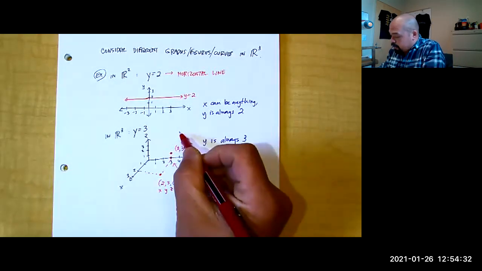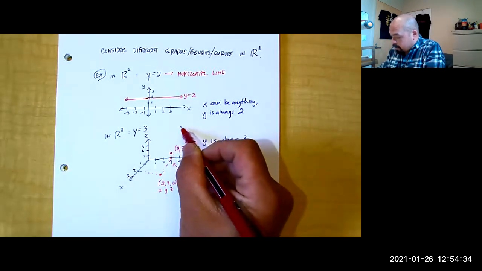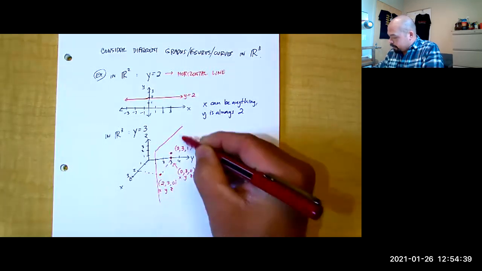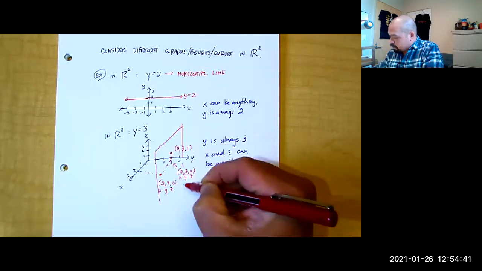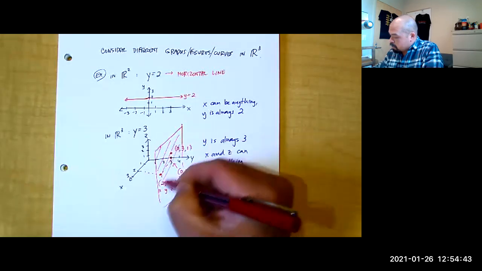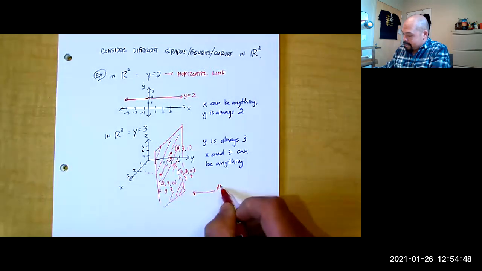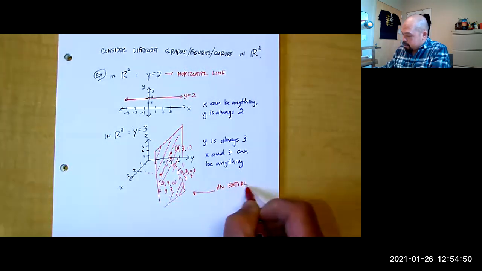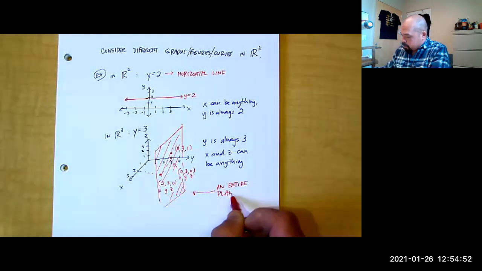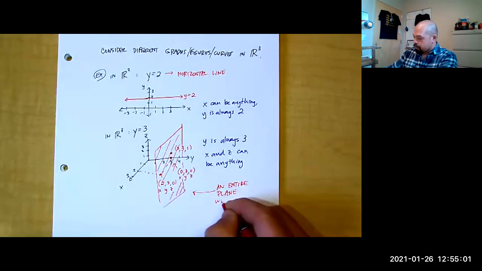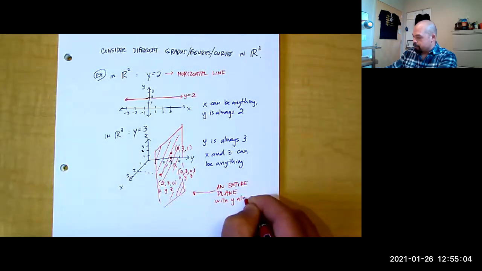So in this case, what we start to see in our 3 dimensions, when we start to identify and encompass all these points, is an entire plane in 3 dimensions. This entire sheet of paper, this entire sheet of glass, whatever you imagine, with y always 3.